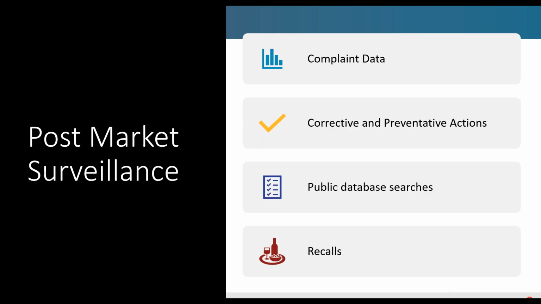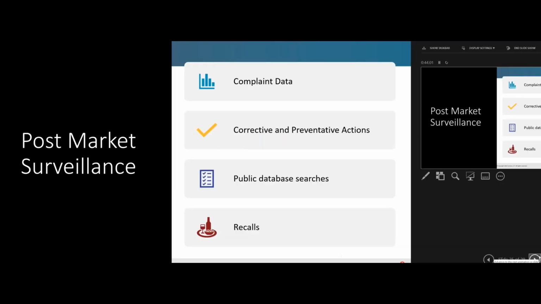And then you've got to disclose all these other things too, right? Your corrective and preventative actions, field actions. You should search any public databases, which I'll kind of quickly touch on. And then anything that was recalled. If something was recalled, you got to put it out there. You don't want the notified body coming to you and saying, we found out, which I've been in this situation, that you didn't.